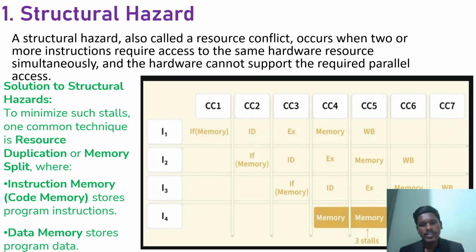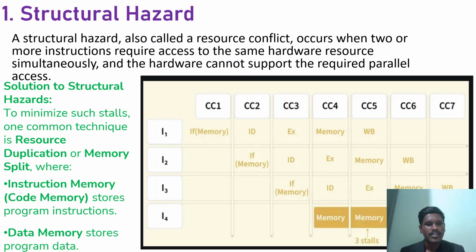Like, if we see in this cycle, instruction 4 requires the memory at clock cycle 4, another instruction at clock cycle 5, and another at clock cycle 6, all three requiring memory in three clock cycles. So if this memory access is not supported by the CPU, then it is a structural hazard.